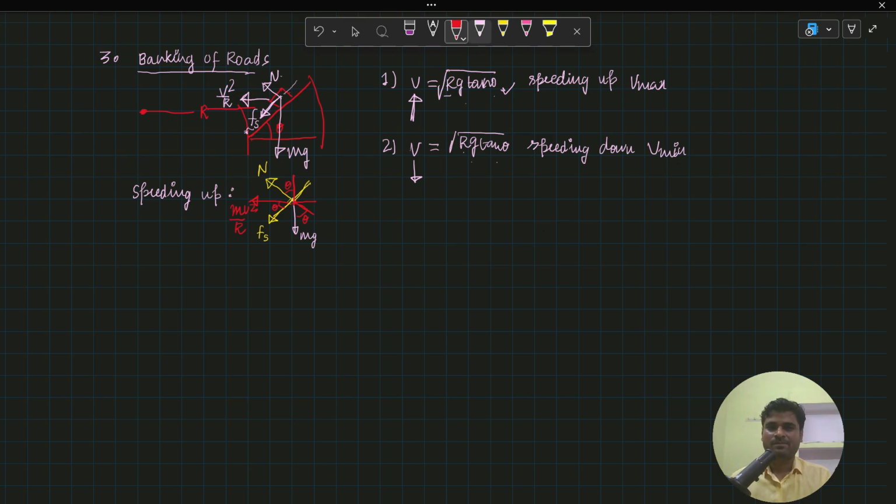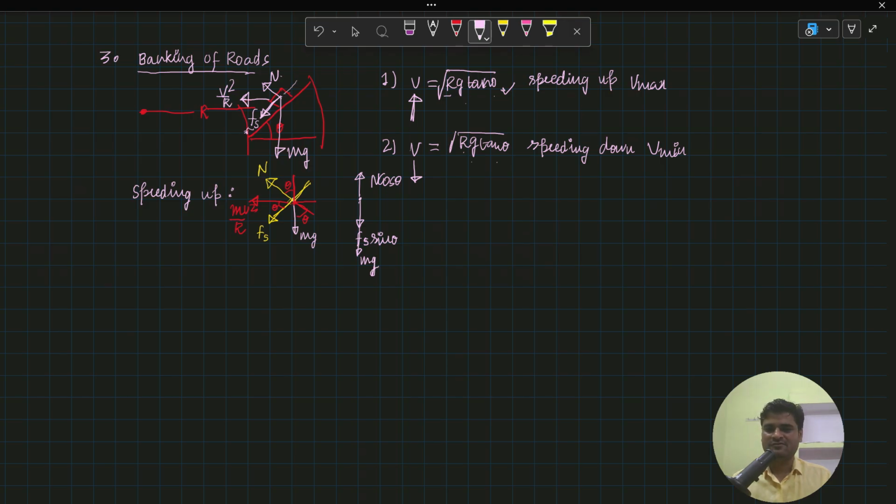So we can write the equation. We are saying that the force on the vertical line will be n cos theta, frictional force will be fs sin theta, and weight will be always acting towards the center of the earth, or you can say mg downward.